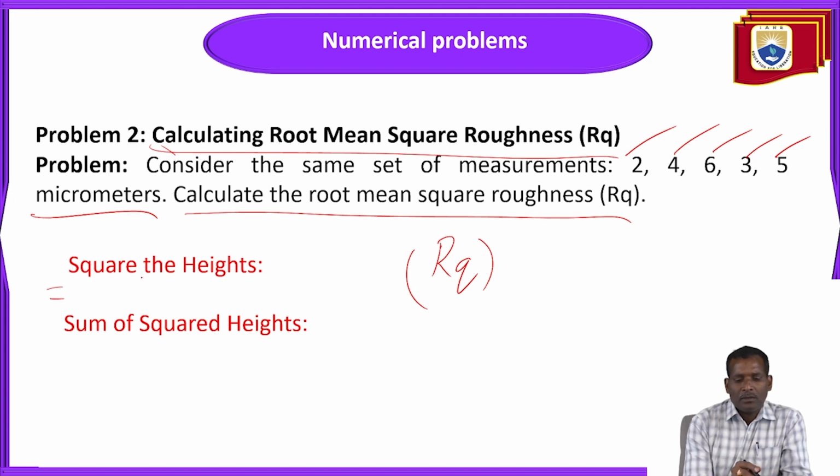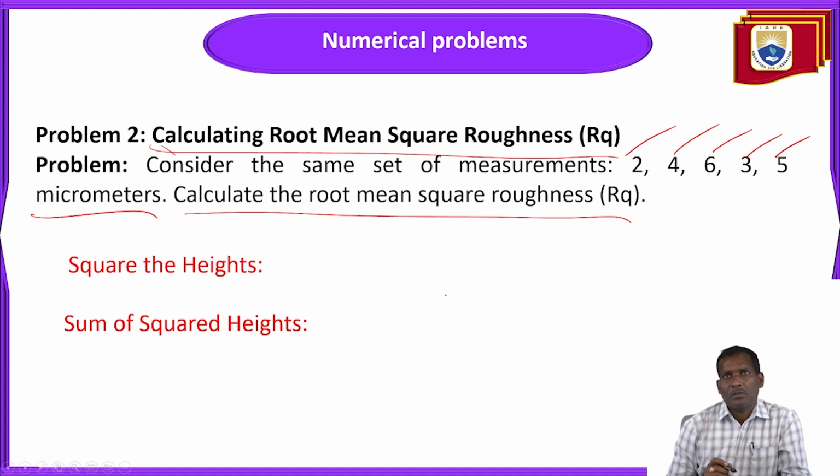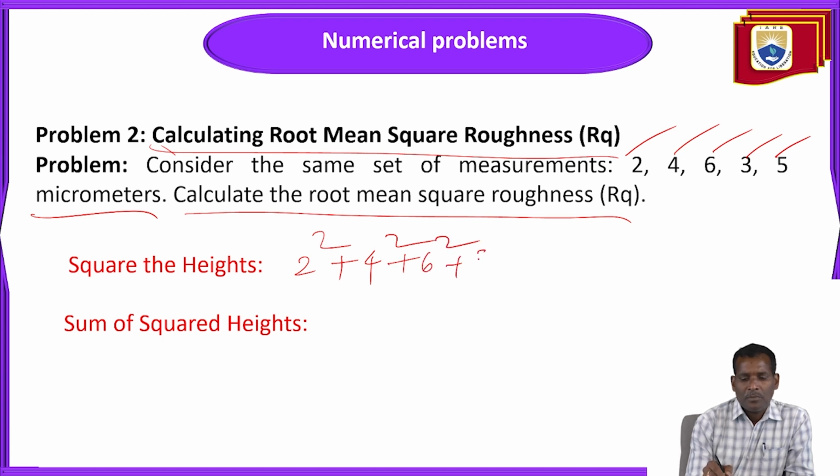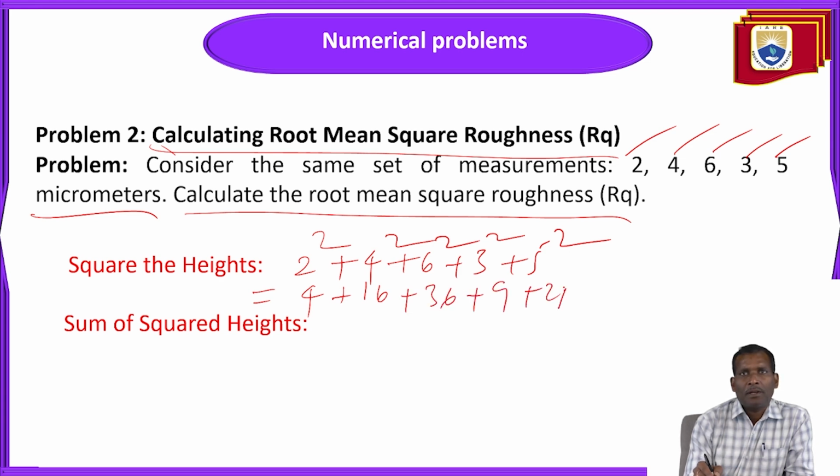But here we are considering squares. In the previous problem there is no square; only the sum of heights we have taken. For this, 2 squared plus 4 squared plus 6 squared plus 3 squared plus 5 squared. Calculate: 4, 16, 36, 9 and 25.